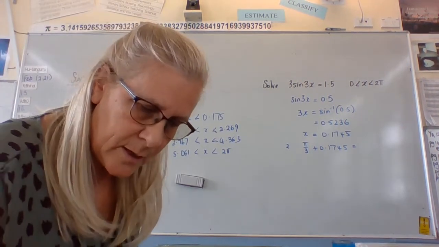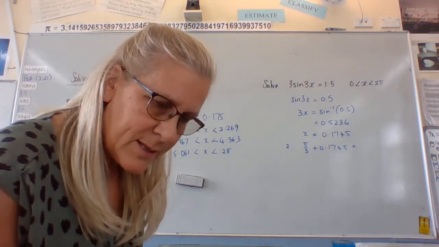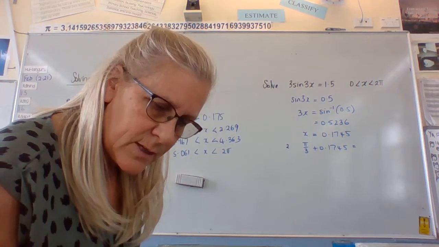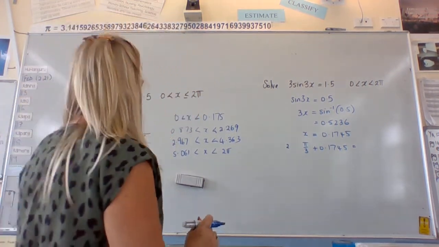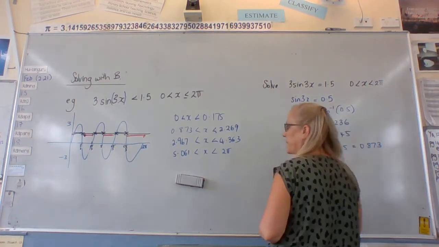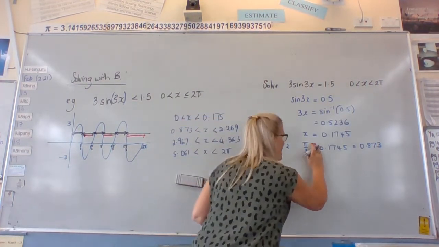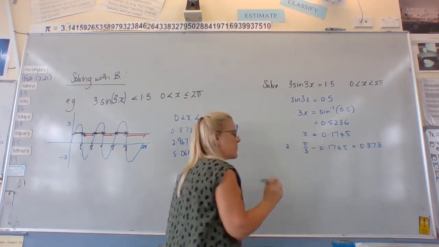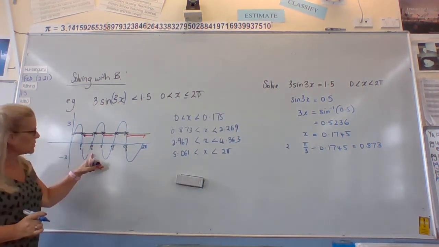Good point. Minus 0.1745 times 2 equals. Now it looks beautiful. So we get 0.873. Right? So not plus, minus. Next one is plus. So we're alternating as we go.